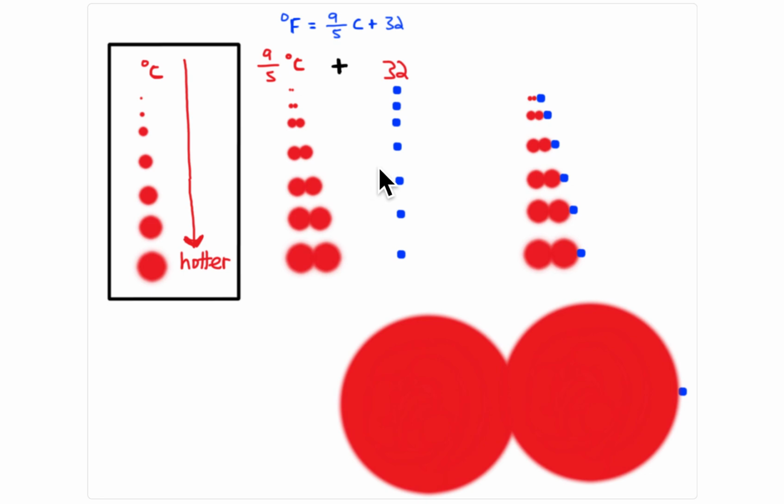And then what do you do every single time? You add 32 degrees. Now notice what's happening to the size of this calculation right here. This 1 8/10 times the degrees Celsius is getting really, really big, but this is staying the same size. And if you increase it to a value that is really, really hot, this barely adds anything. So this essentially becomes that 1 8/10.